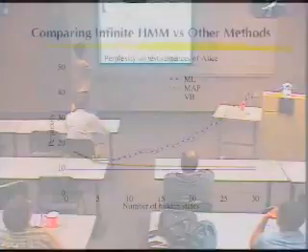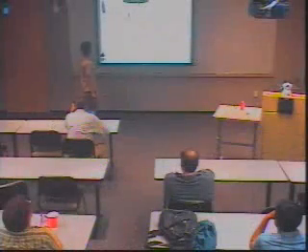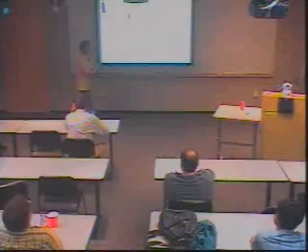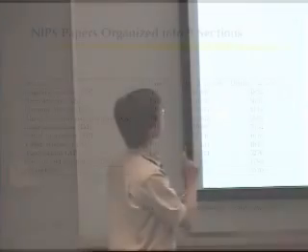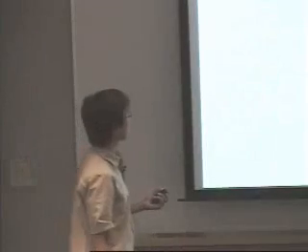So I've shown you an example of using HDP in the infinite HMM, and I've shown you comparing HDP mixture models versus LDA. In the last part of the talk, I'll talk about an application to NIPS papers.